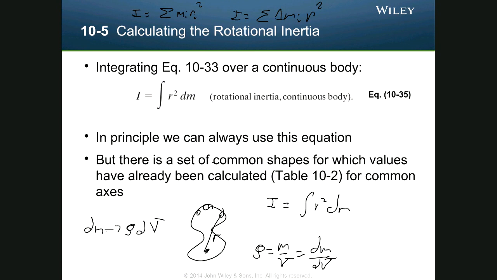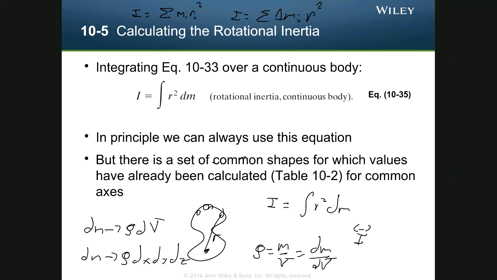So dm will generally, in a linear dimension, just be one dimensional, and the integral will be easy. But typically, this would be dx, dy, dz. All right, and you'd have to do what's called the triple integral along each differential to fully integrate to get the moment of inertia. So this becomes difficult because to really fully describe the moment of inertia for an object, you want to look at its principal rotation axes through its center of mass. And that gives you something called an inertia tensor, right?